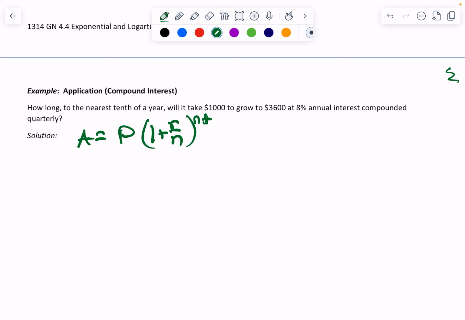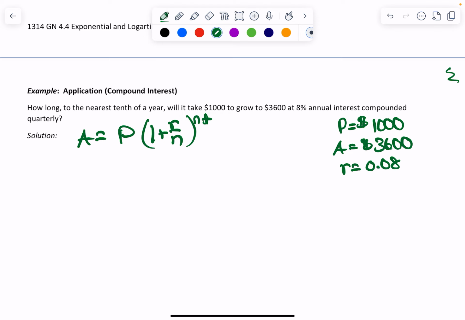Our P is $1,000. Our A is $3,600. R is 8%, which is 0.08. And we are compounding quarterly, which means that we're compounding 4 times a year. Now, the question is how long?